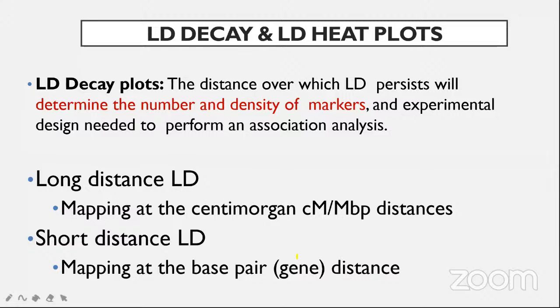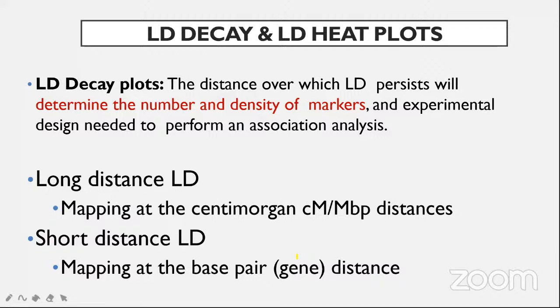Other important visual representations to get an idea of LD are LD decay and LD heat plots. Basically, LD decay plots show the distance over which LD persists, which will determine the number and density of markers and experimental design needed to perform an association analysis.